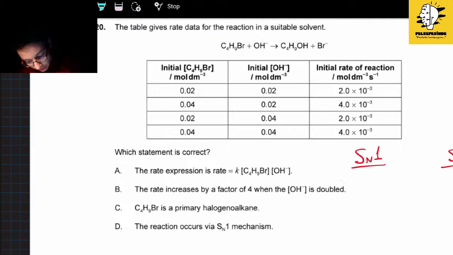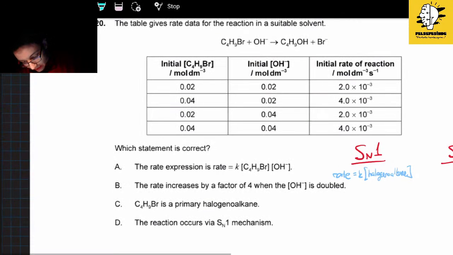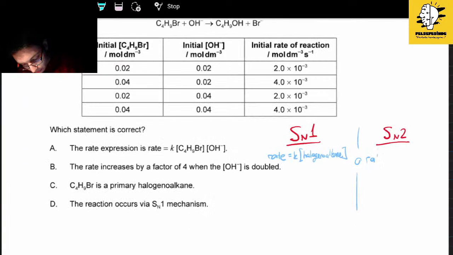It was only rate equals K times halogenoalkane. And for SN2 reactions, we had the impact of both: rate equals K times OH minus and halogenoalkane. Did we remember that?